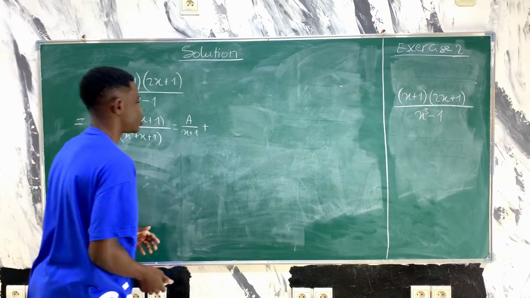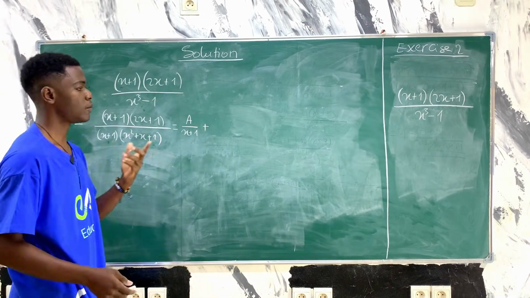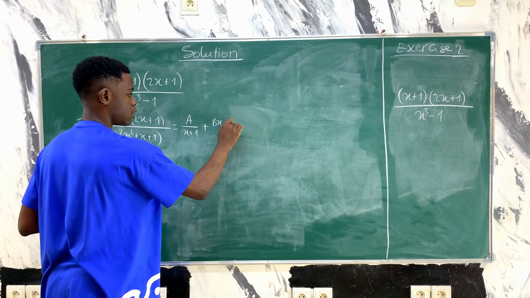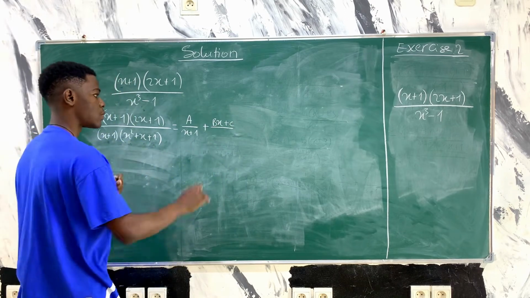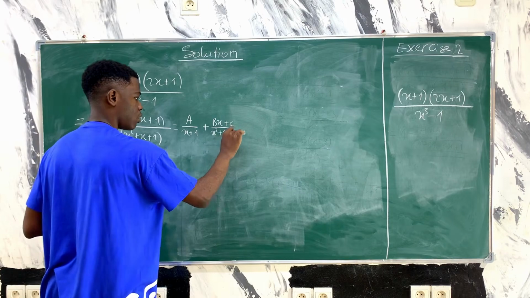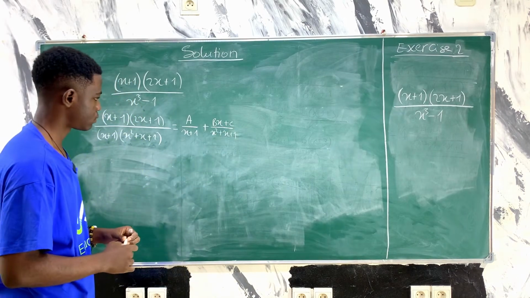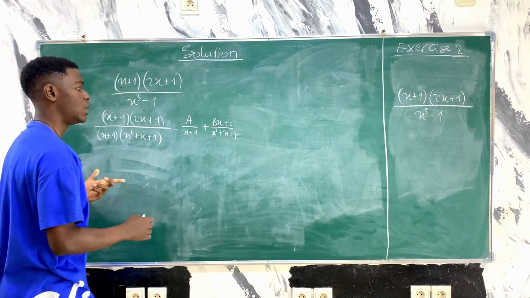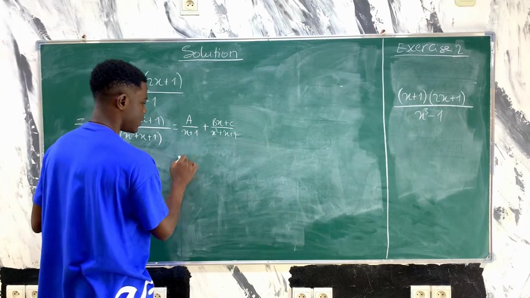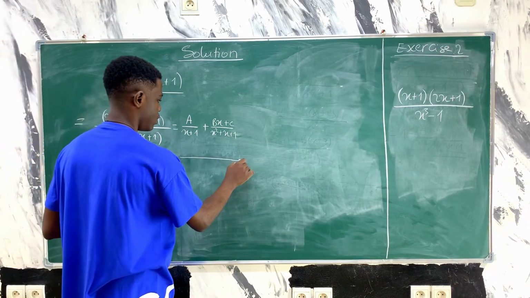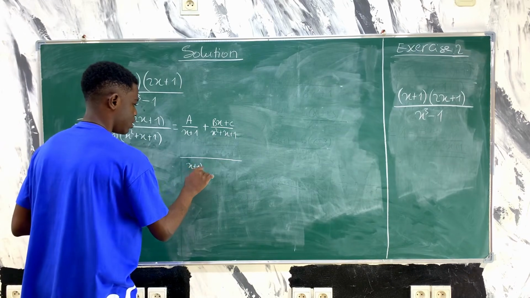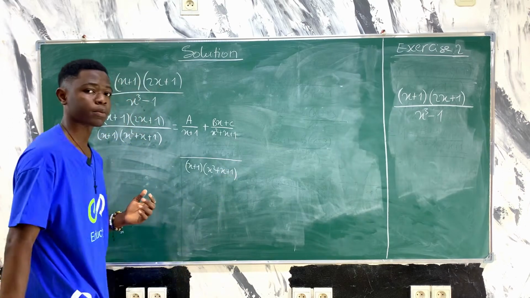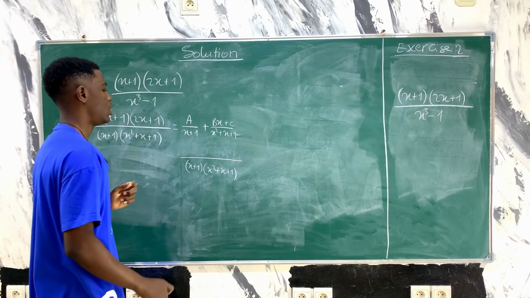So this is x squared plus x plus 1. From here, all there is to do is find your LCM, which is x plus 1 times x squared plus x plus 1.